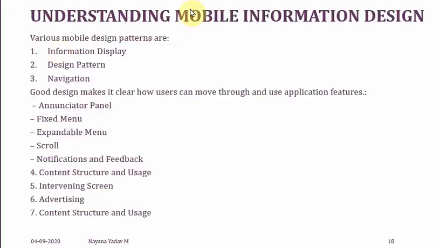So the next topic is understanding mobile information design. What can be the meaning of this? Here we are speaking about information display, design pattern, and navigation. On the mobile devices we are using, a lot of information is fitted into the limited space of your screen, right?